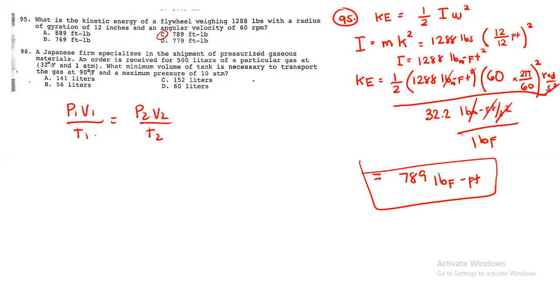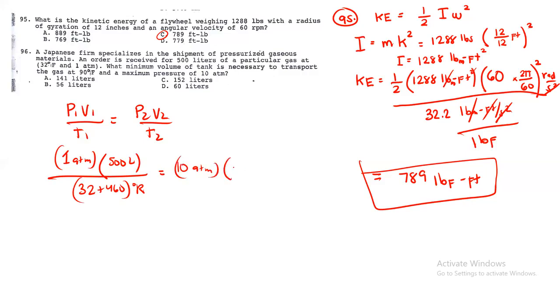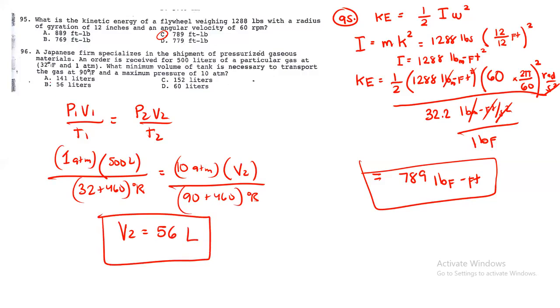The pressure 1 is 180 atm, the volume 1 is 500 liters, and the temperature 1 is 32 degrees Fahrenheit, so 32 plus 460 to convert to degrees Rankine. That equals P2, which is 10 atm, times V2, which is what we're looking for, divided by T2, where the temperature is 90 plus 460 degrees Rankine. We get V2 as 56 liters. So the answer is B.